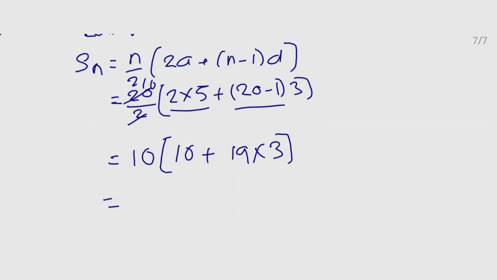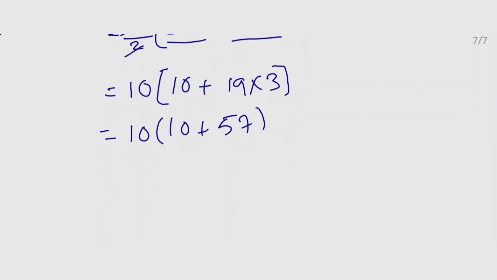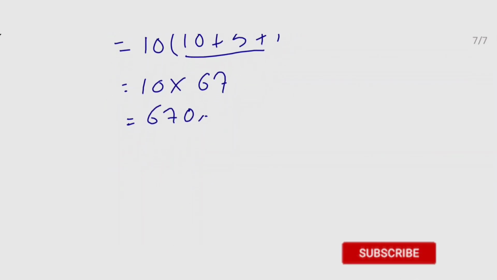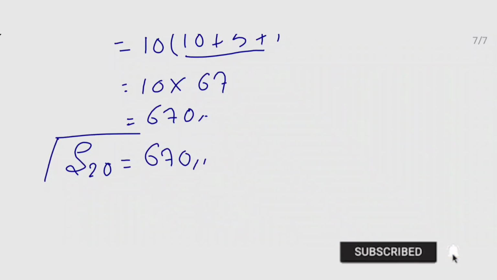So now here 10 in a bracket, 10 plus 19 into 3 is 57. And now here 10 into (10 plus 57 is 67), and here 10 into 67 is 670. So here the sum of the first 20 terms is 670. Is it clear?